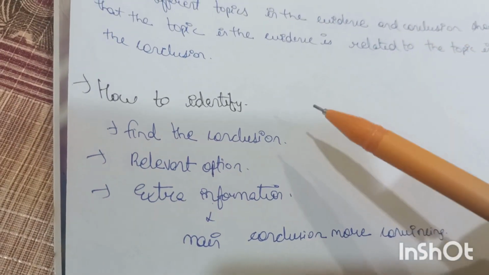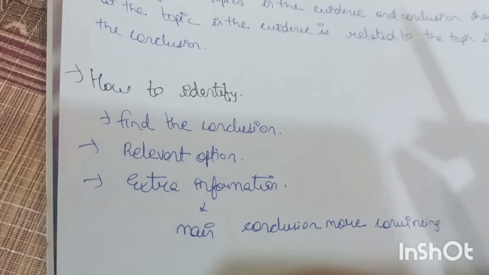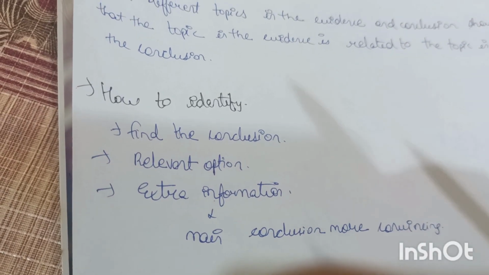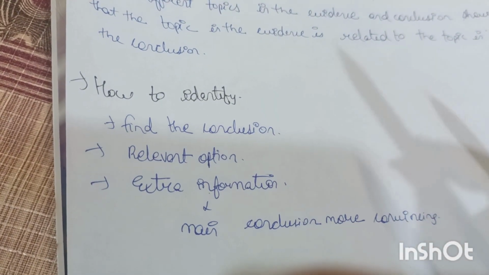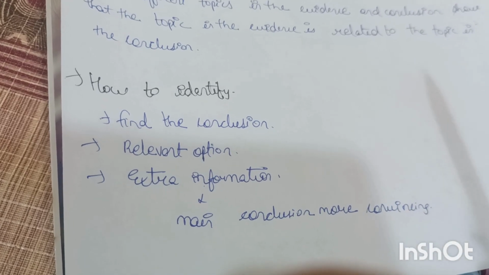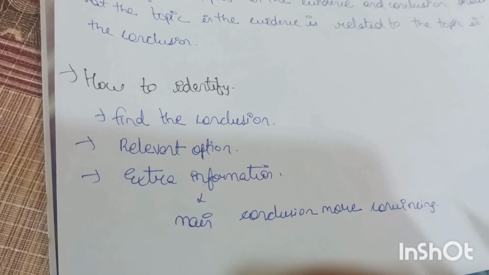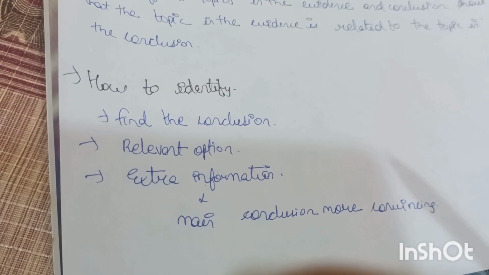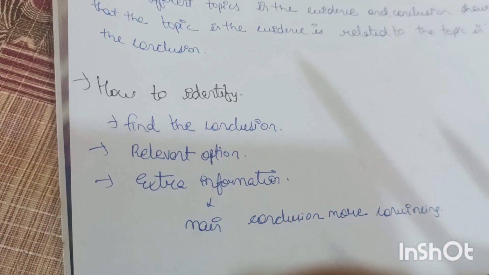After you have read the passage, first identify the conclusion. Then go to the options and find the option that is relevant to the conclusion. Then see the extra information provided in the statement, and check whether that information is related to the conclusion or not.